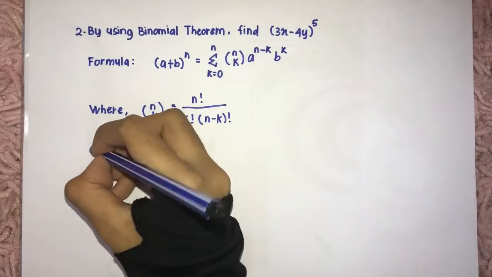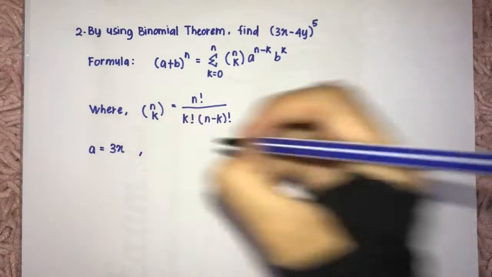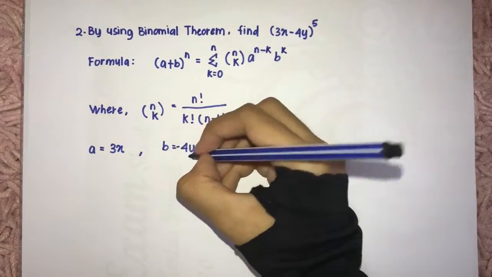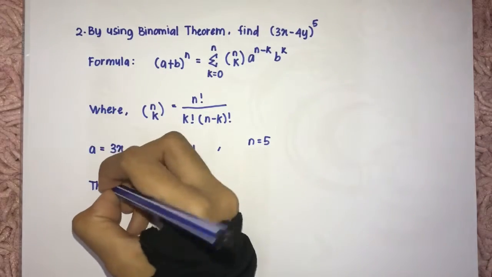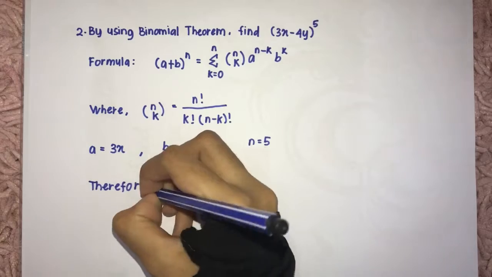From this question, a equal to 3x, b equal to negative 4y, and n equal to 5. Then we will start to apply this to our question.